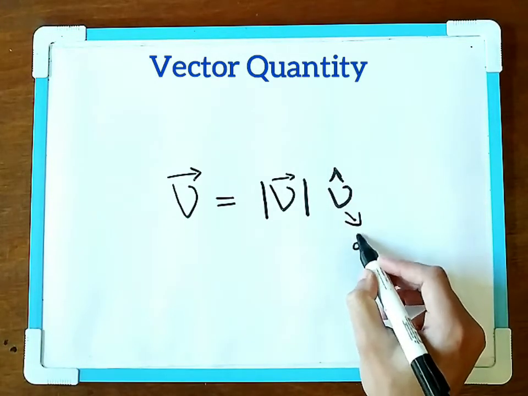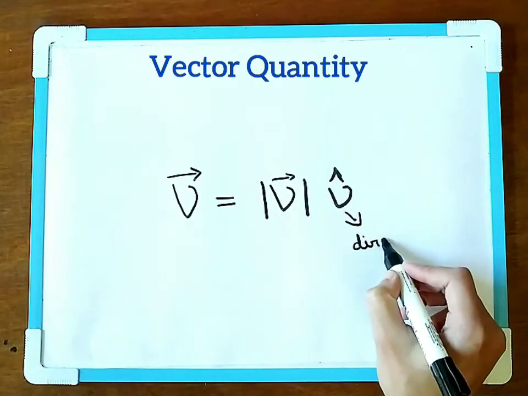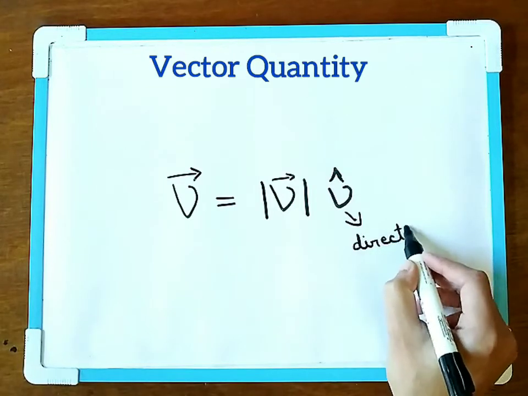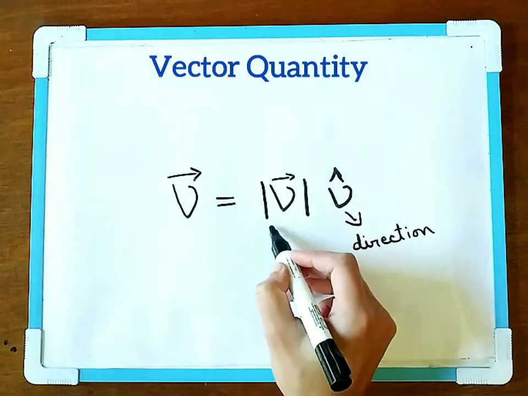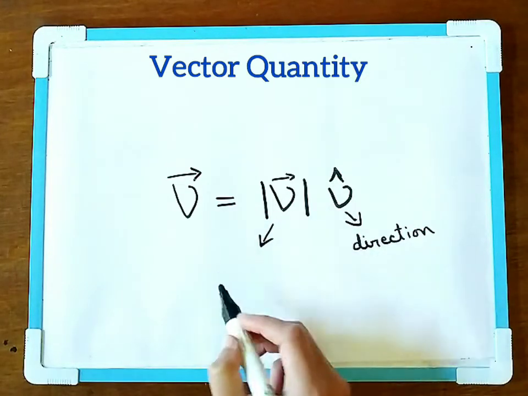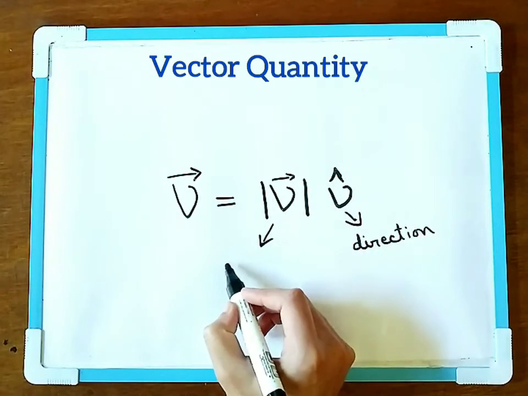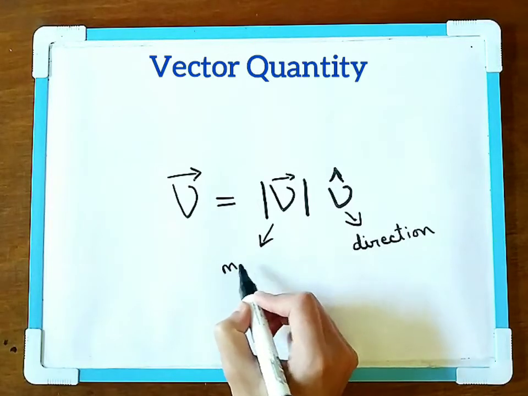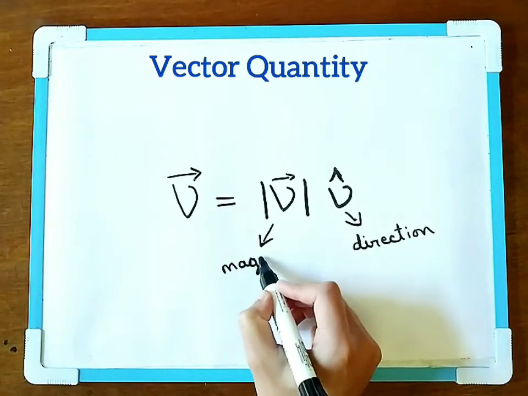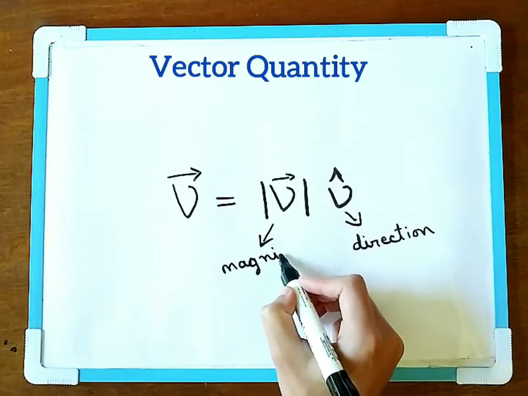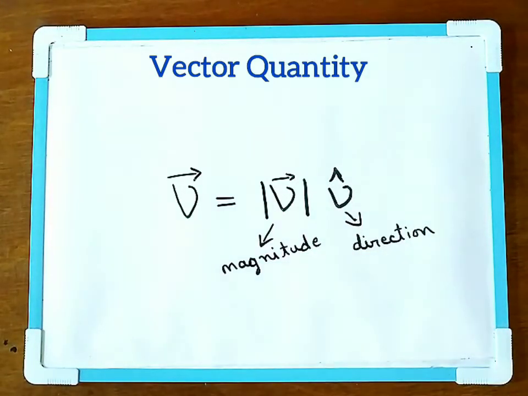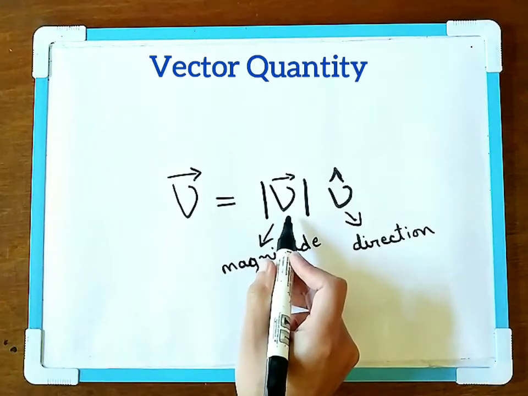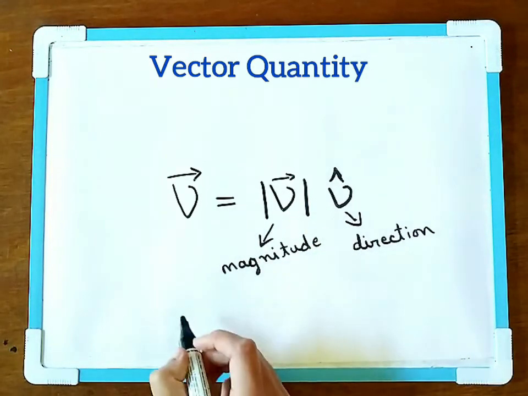It only gives you the direction, and this is the magnitude of the vector. So this modulus of the V vector is the magnitude. You can also write this modulus of V, or the magnitude, in this way.